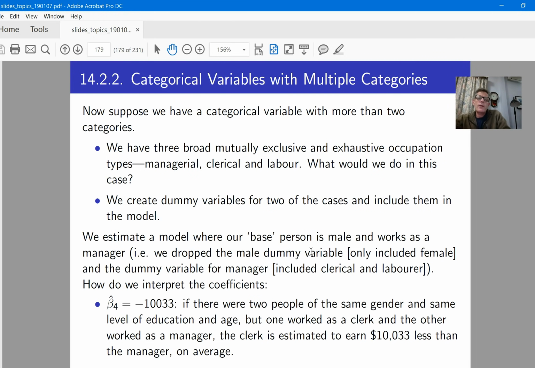So, for example, you might say that not only do people's wages depend on education, age, and on their gender, but it might also depend on the type of job they've got, their occupational category. And in this particular data set, we've actually got 3 occupations for people, whether they're managerial roles, clerical roles, or labourers. Simple classifications.